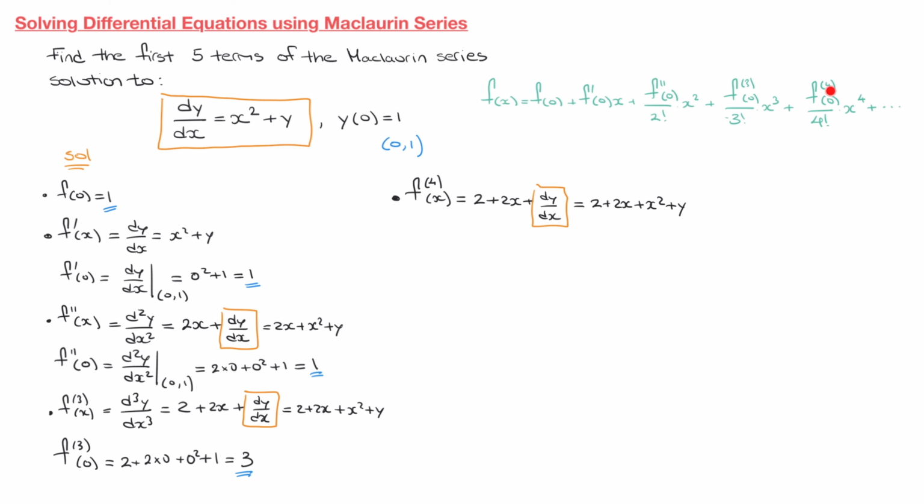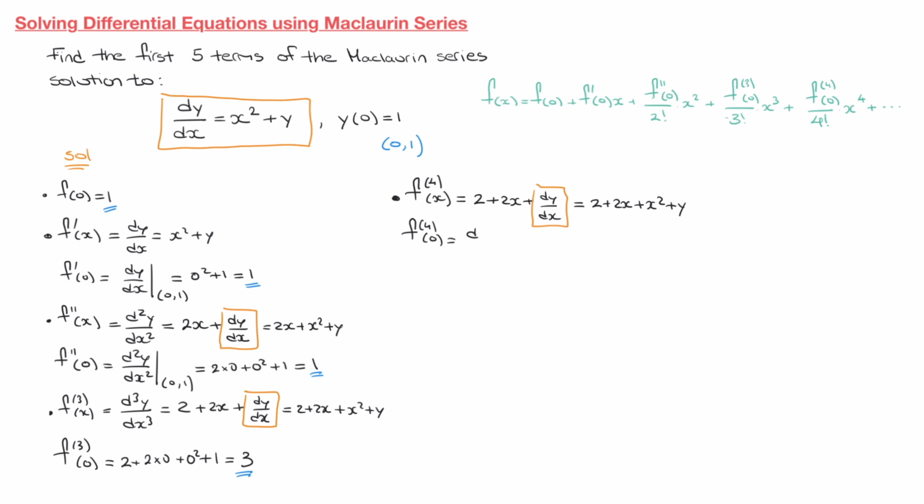Finally, for the fourth derivative evaluated at 0, since when x equals 0, y equals 1, we'll find the value of the fourth derivative evaluated at 0 by replacing every x we see inside this expression by 0, and every y that we see, so this one here, by 1.